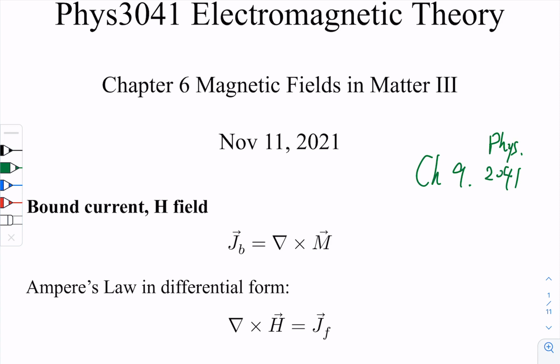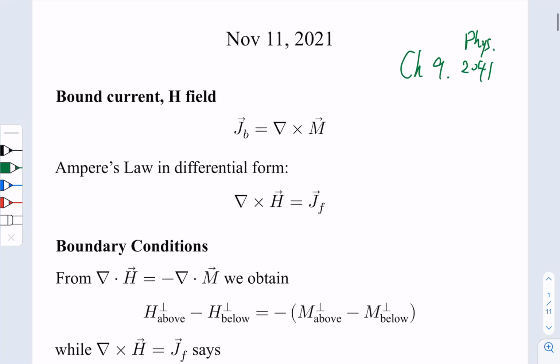A lot of what you're going to learn in chapter 7 will be based on what you have learned in 2041, so try to refresh your mind. Last lecture we discussed the bound current.